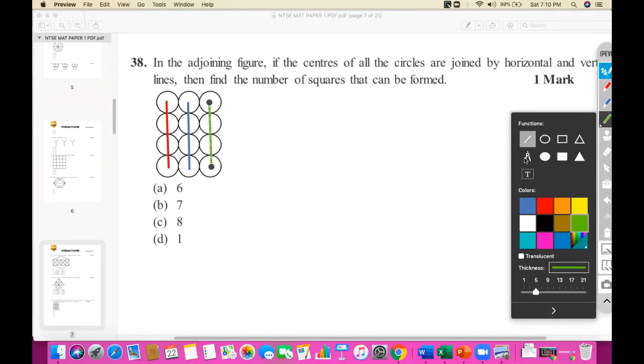And then what I do is I start drawing horizontal lines. So I draw a line here, and then I draw a line here, then I draw a line here, and then I draw a line here.